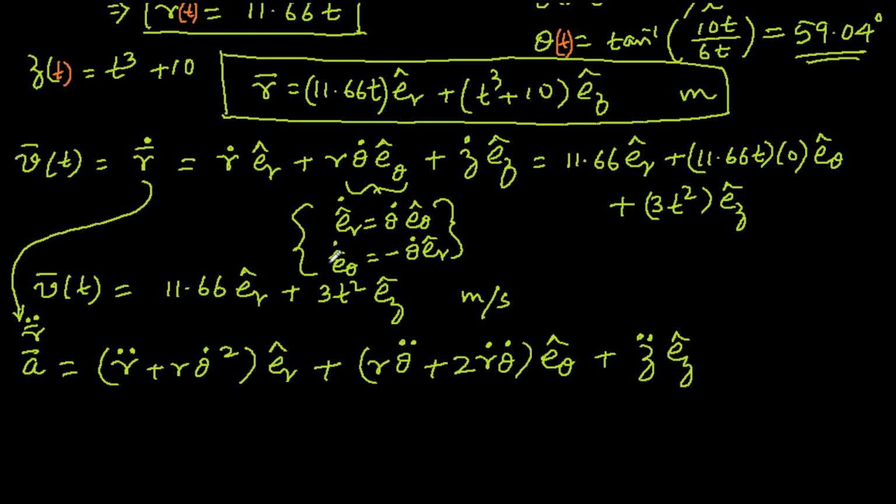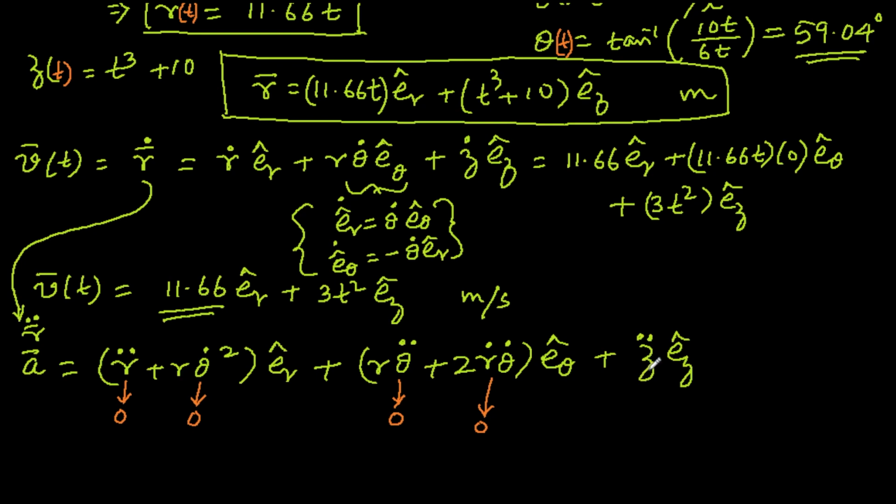Again the same thing: r dot was a constant, so r double dot will go to 0. Theta dot is 0, so that whole term goes to 0. Theta double dot is also 0, so these two terms are just gone away.